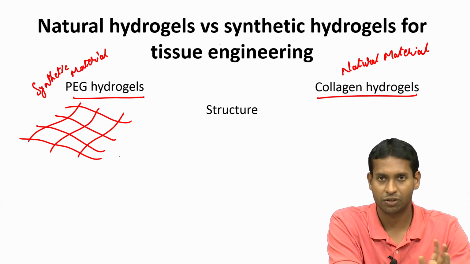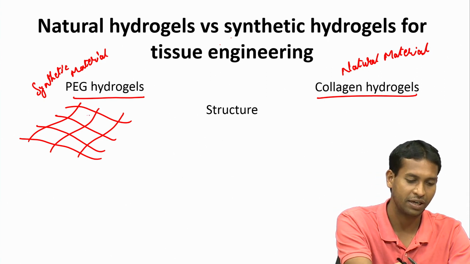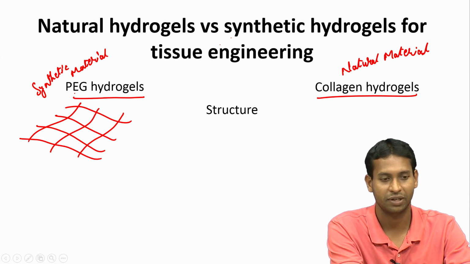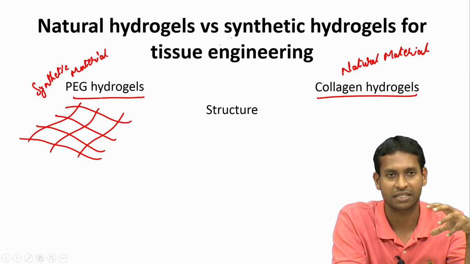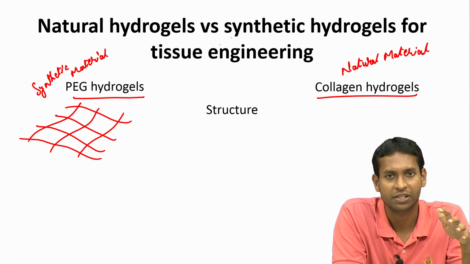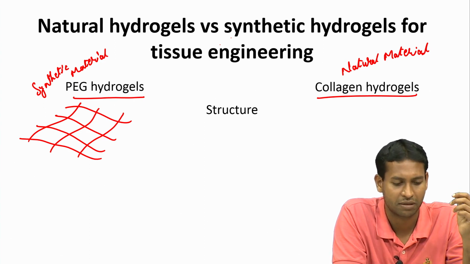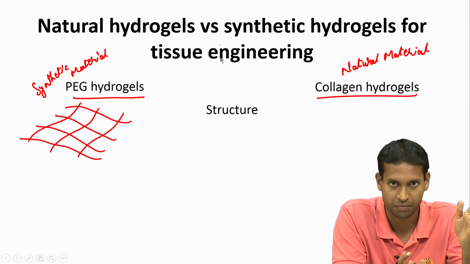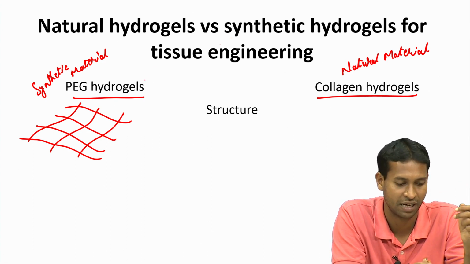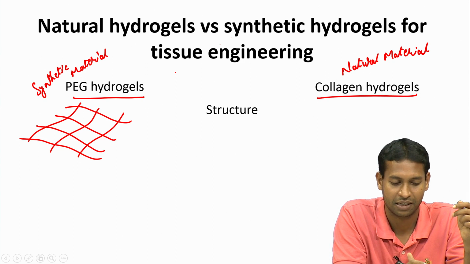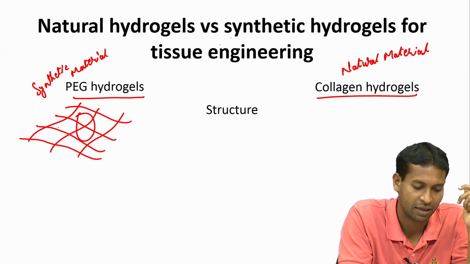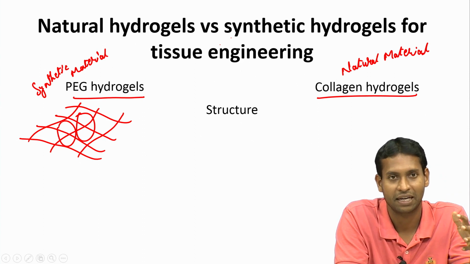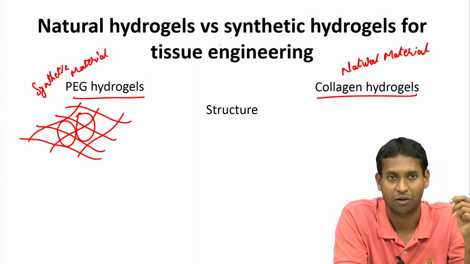It will be individual chain units binding to another chain unit, and you will get a certain pore size which will be heterogeneous, but not as heterogeneous. It hovers around its average plus minus a few microns or nanometers depending on the average, and you can encapsulate things in that. You can release it over time, and things can migrate in if it is degradable or the pore size is big enough.